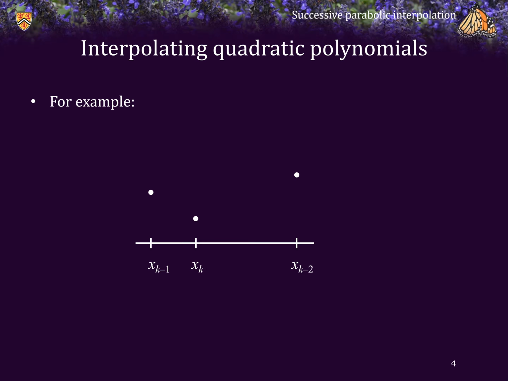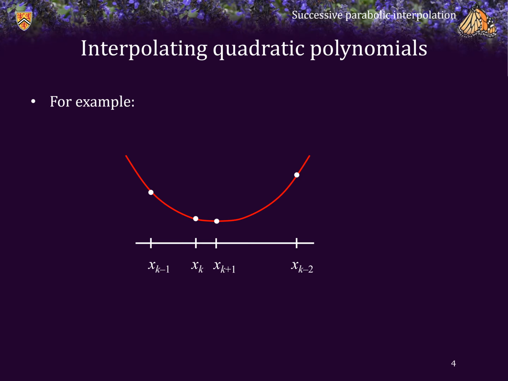So, for example, suppose that we have 3 approximations of a minimum of a particular function, and we've evaluated the function at these 3 points. We find the interpolating quadratic that passes through these 3 points, and therefore our next approximation of the extremum of the function would be, of course, the minimum, in this case, of this interpolating quadratic.